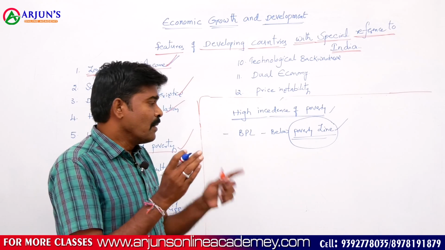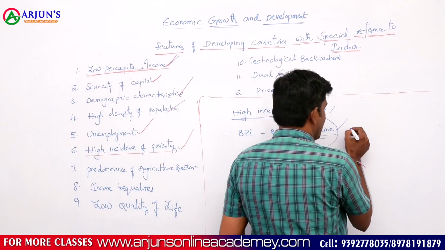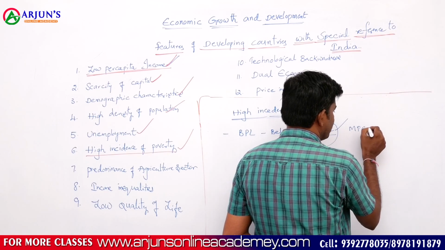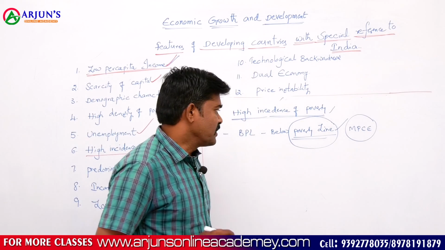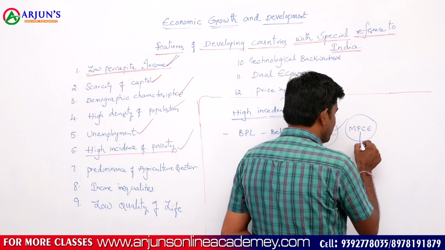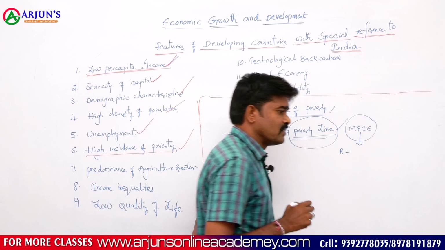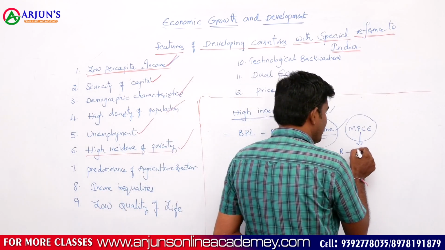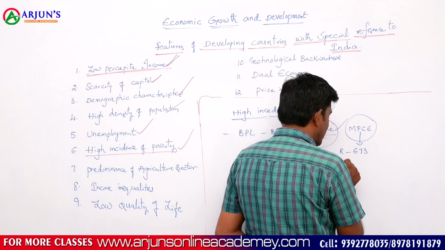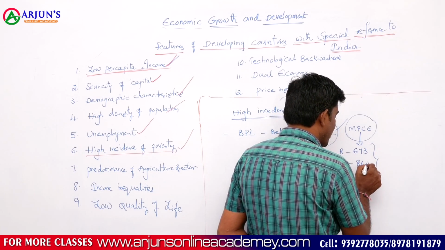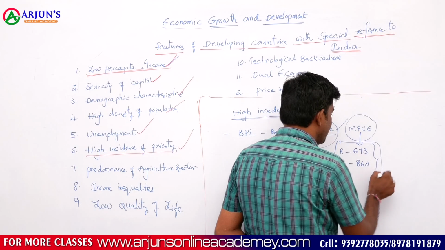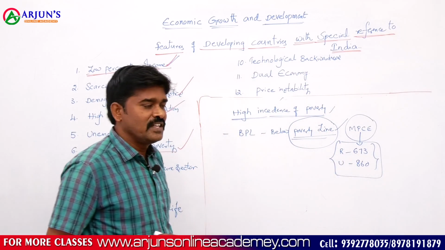That means monthly per capita consumption expenditure per head. In the case of rural areas, 673, but in the case of urban areas, 860. This is the poverty line. That means this is the minimum consumption expenditure to satisfy their wants.